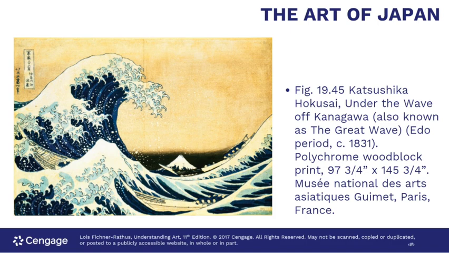So in this case, we've got this rogue wave that is reaching up and about to crash down on some little fishing boats, a dramatic scene in this print, excuse me, it's not a canvas, where he is showing nature's domination over humans.